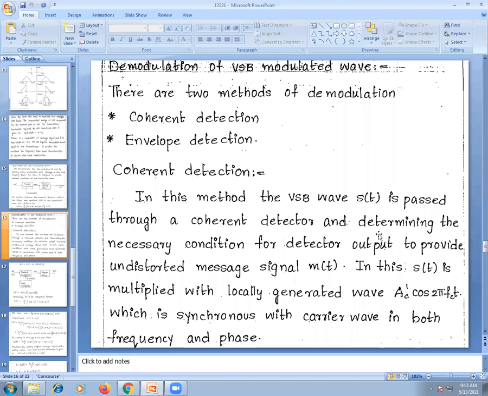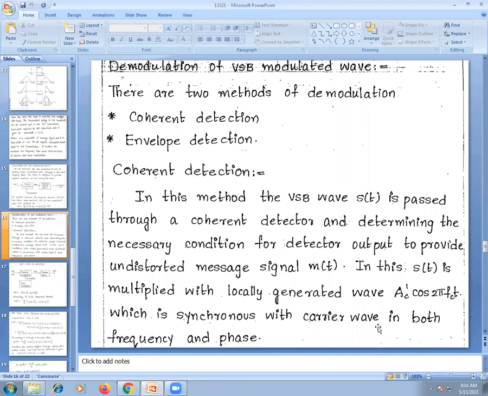In this, S of t is multiplied with the locally generated wave, that is Ac' cos 2 pi fc t. This is the locally generated carrier, which is in synchronization with the carrier wave. The frequency and phase are the same.